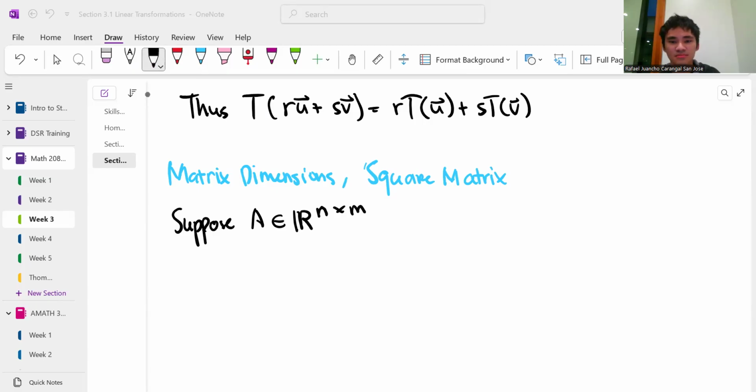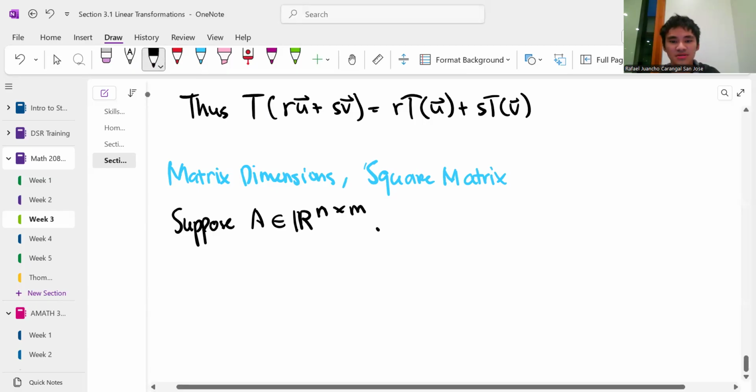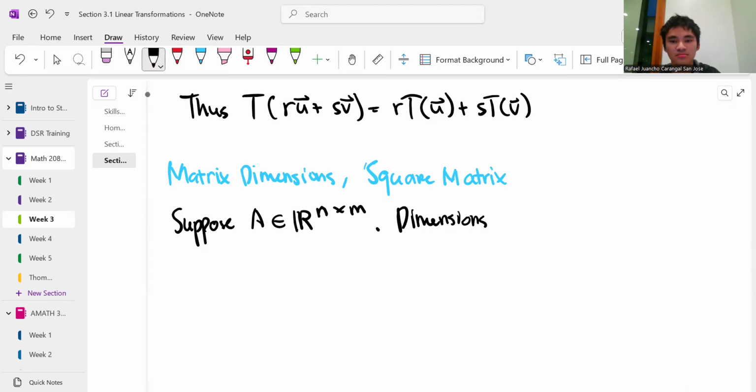So the dimensions basically, n rows, m columns, right?